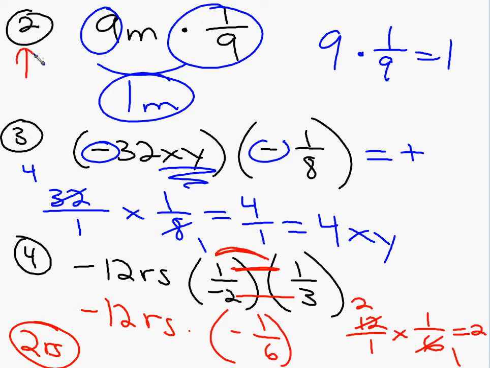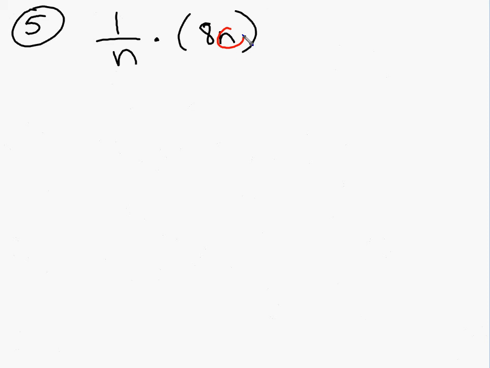Do you see the 9 and the 1 over 9? And that became 1? Well, look at this problem. Don't I have an n times a 1 over n? Right? So what is n times 1 over n? It's 1.